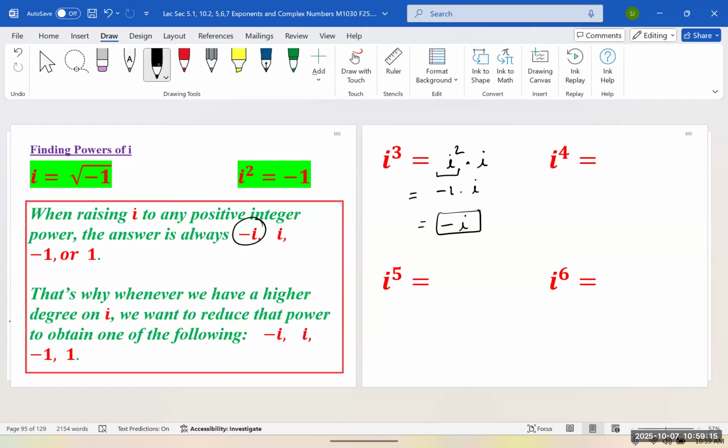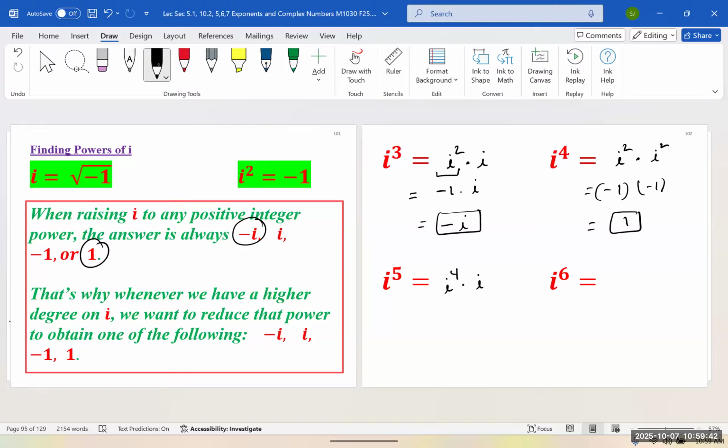It's not only even and odd, there is more to it. So this is i square and i square. So -1 and -1 turns into +1, which is this one. Now i to the 5, it's i to the 4 and i, right? 4 and 1 gives us 5.